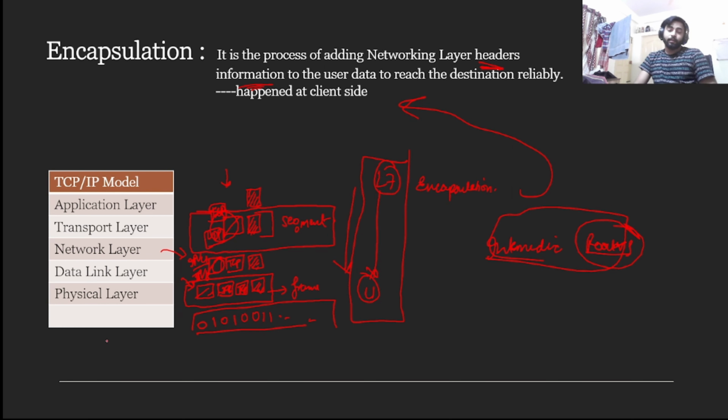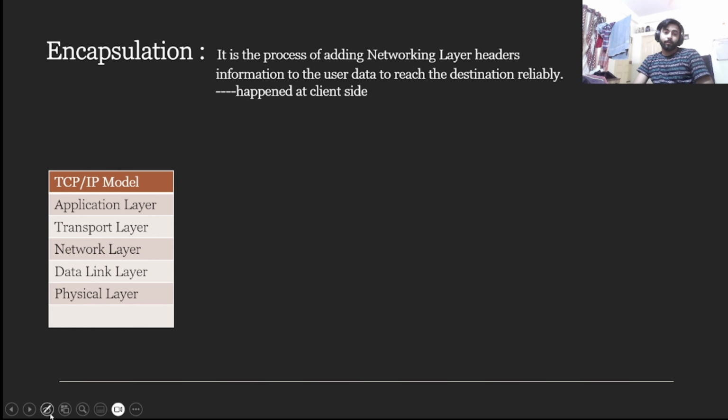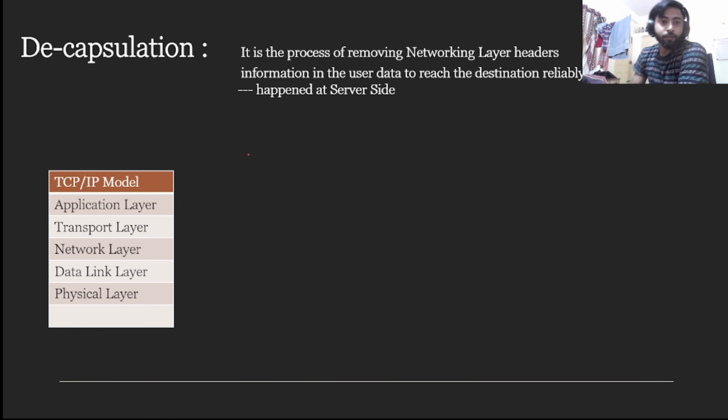Now let me move to decapsulation. Decapsulation is just the vice versa of what we have seen in encapsulation. Whenever we get physical layer information like this, we try to identify the segmentation, how the chunks have been made with this information.